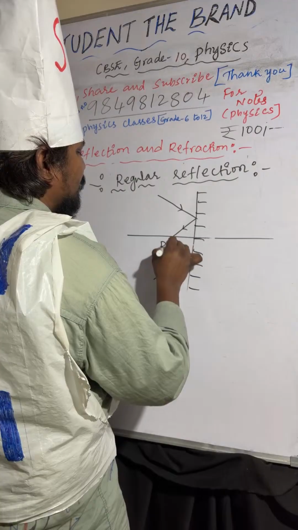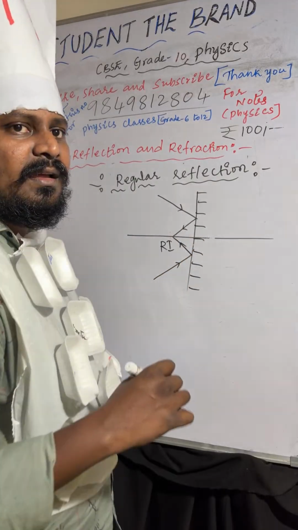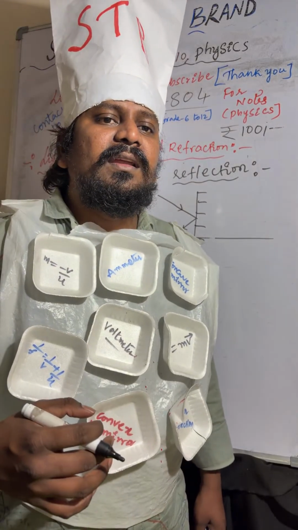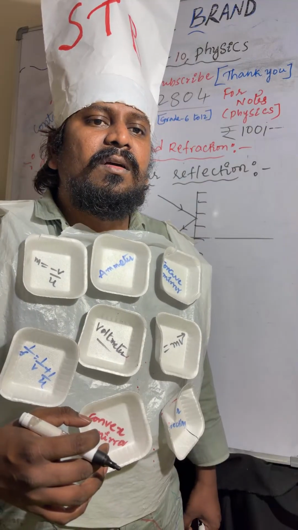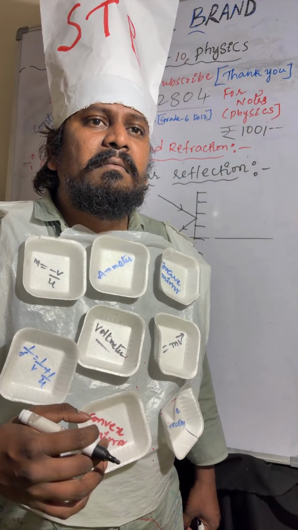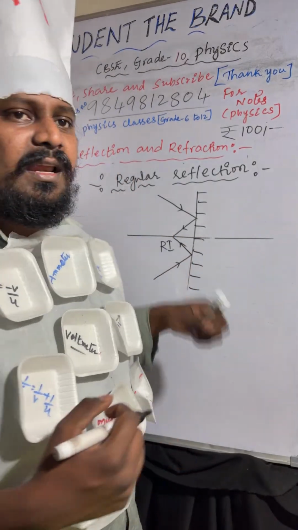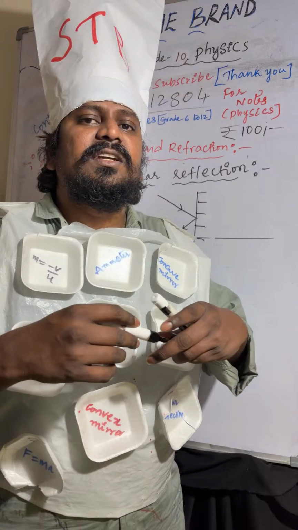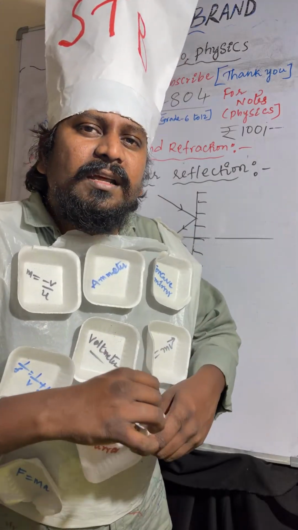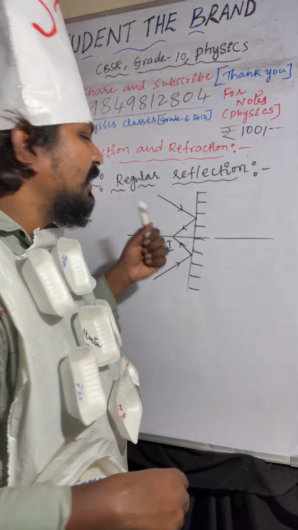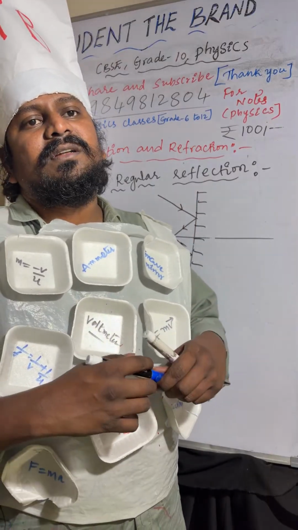That is a real image. Yes or no? The point of intersection of reflected light rays is called a real image.